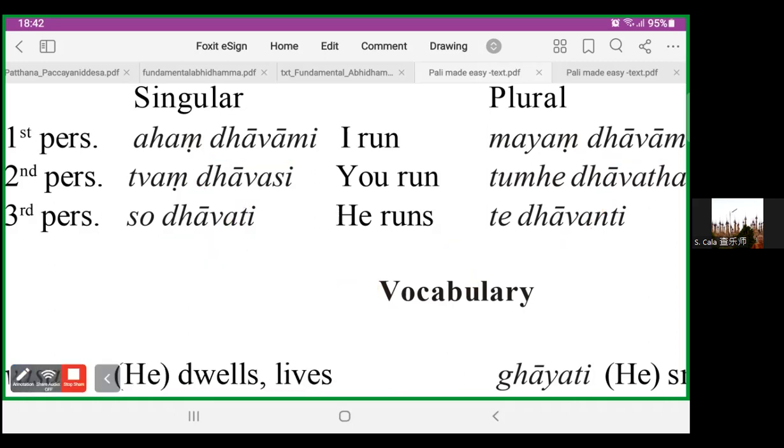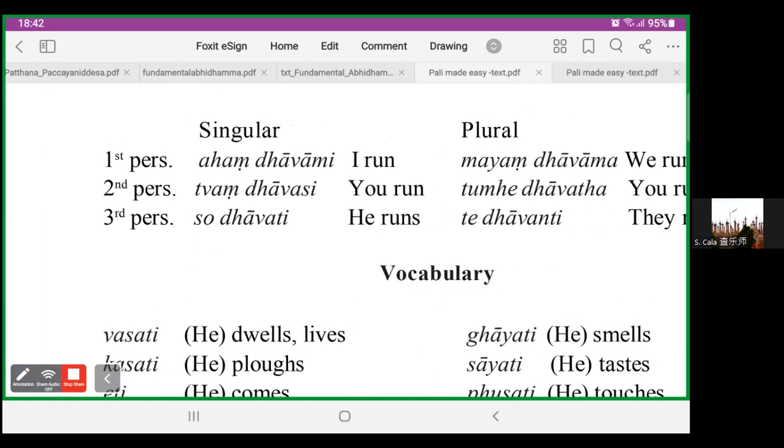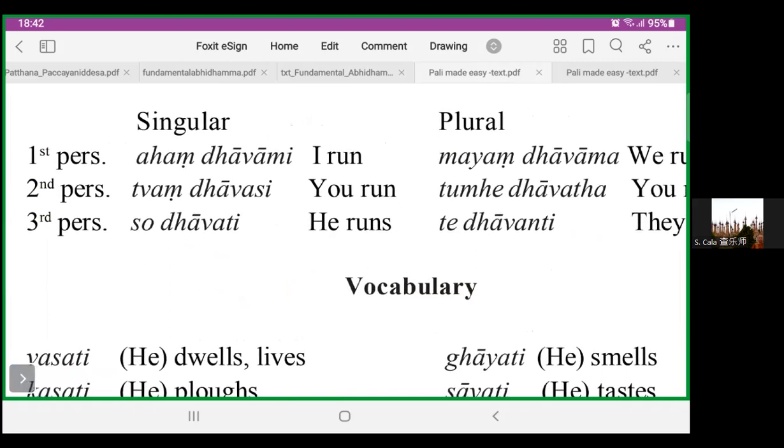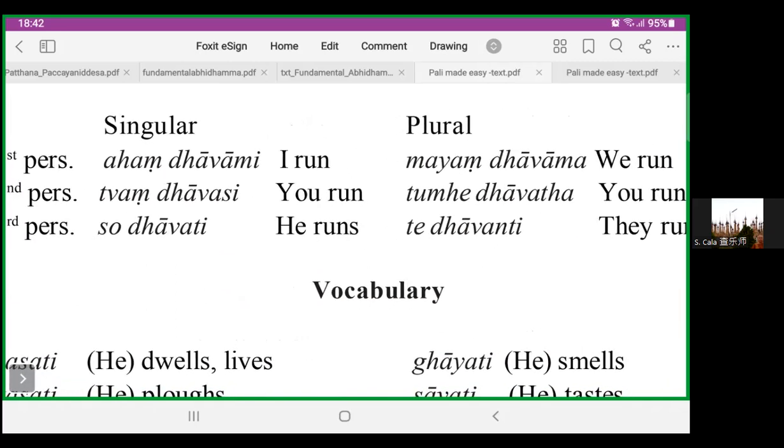When my lecturer taught, he spoke very fast, so we really had to write very fast. Okay, now this is another one. Dawati, te dawanti. Tuam dawasi, tumhe dawata. Aham dawami, mayam dawama. All right, so one student, please recite.